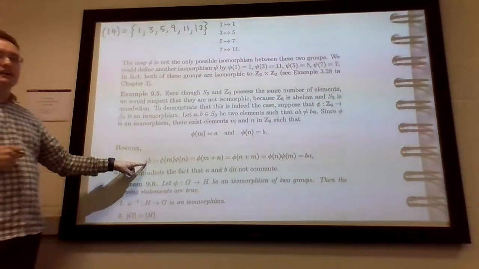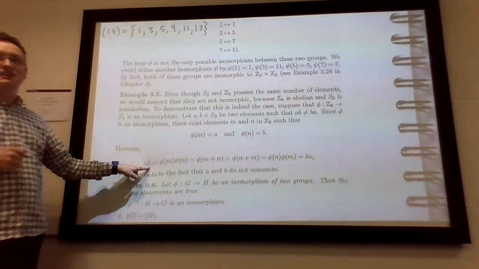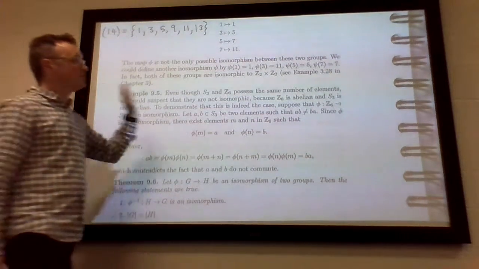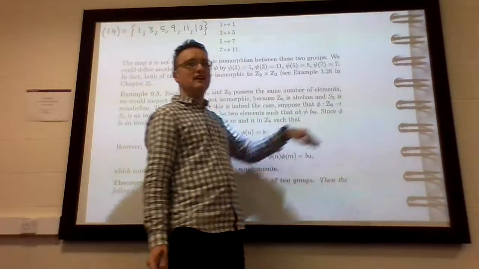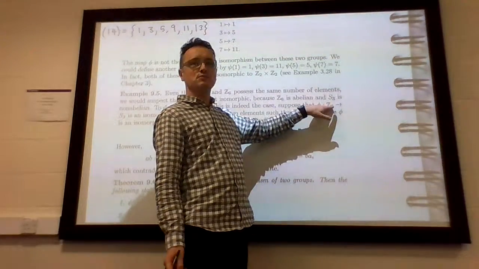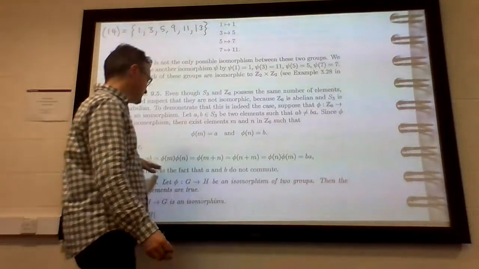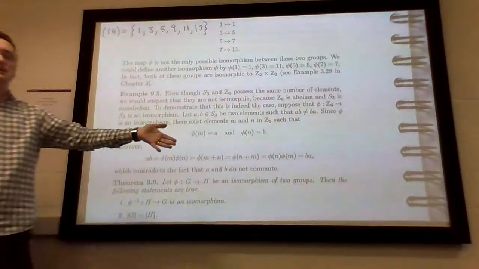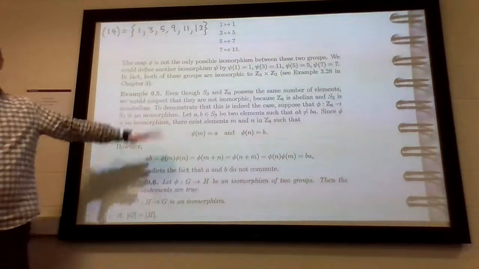Simultaneously, what we're looking at there can be interpreted positively as saying that if two groups are isomorphic, and you know that the first one is abelian, then this is the argument that proves the second one must also be abelian. Because that's effectively what we did.